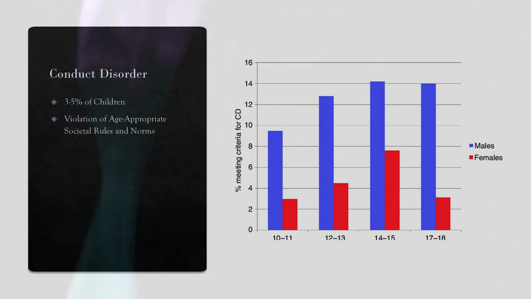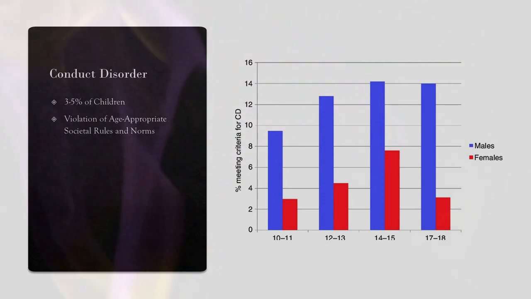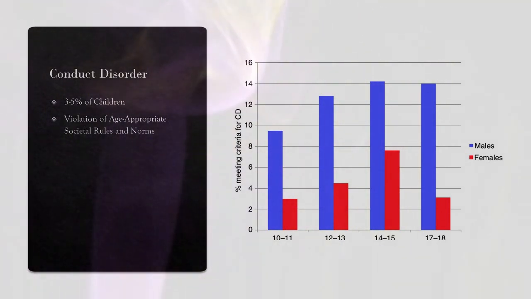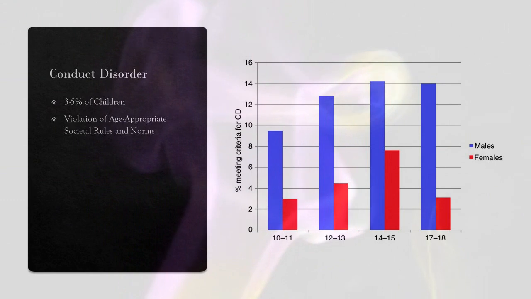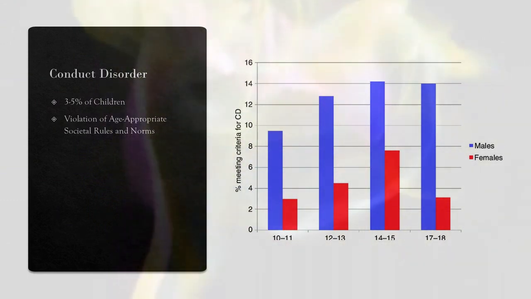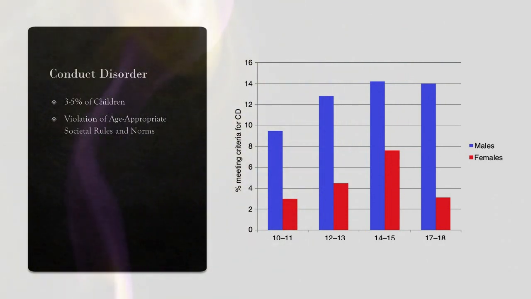So when we think of conduct disorder, this is diagnosed when a child consistently exhibits a range of behaviors that violate age-appropriate societal norms and rules. These behaviors can encompass aggression towards people or animals, destruction of property, deceitfulness or theft, and serious violations of rules.